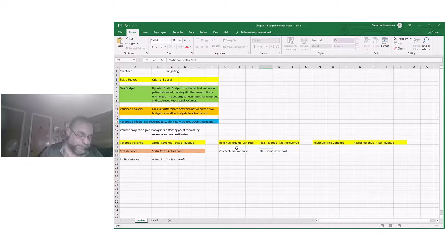And then you can also have a cost management variance. And in that situation, you would have flex minus actual.